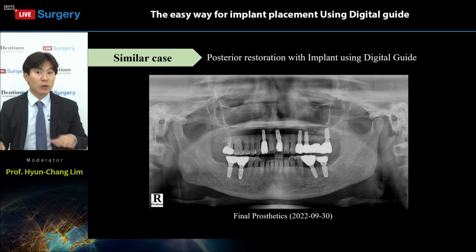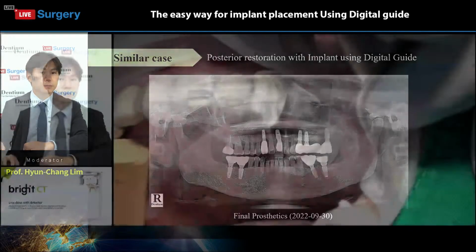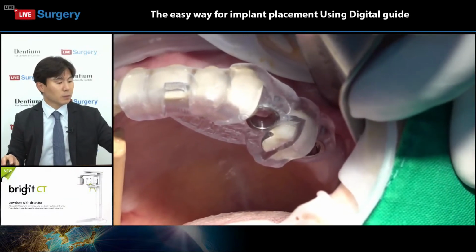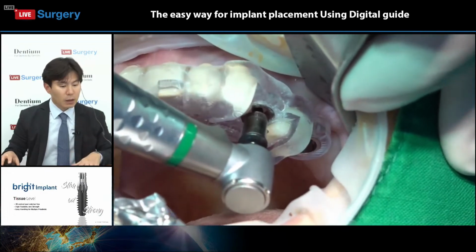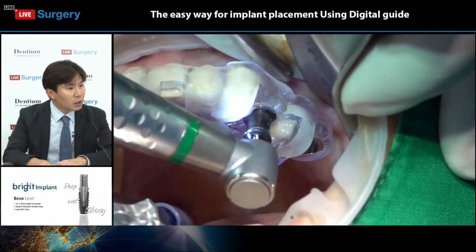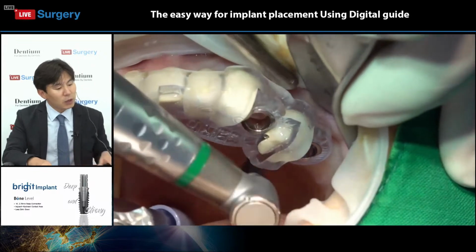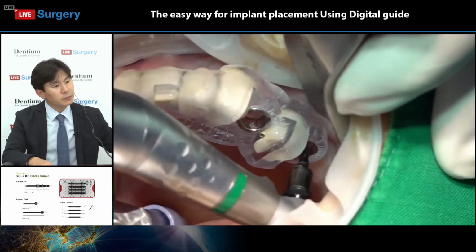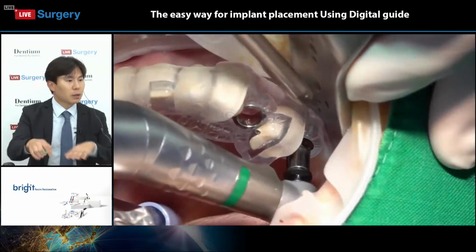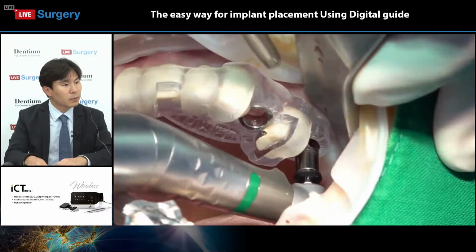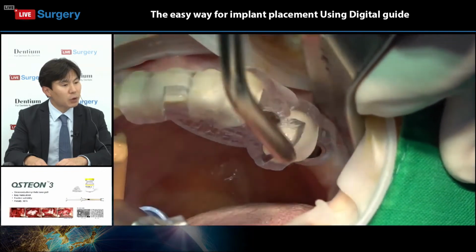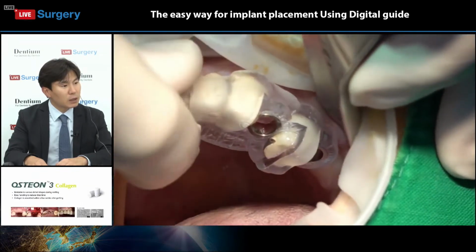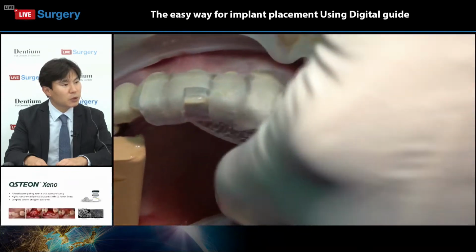Okay, I think the operation room is ready. It's time to meet our live surgery patient. I think right before the surgery, tooth number 24 is already extracted. After, I think he is checking the fitness of the guide.